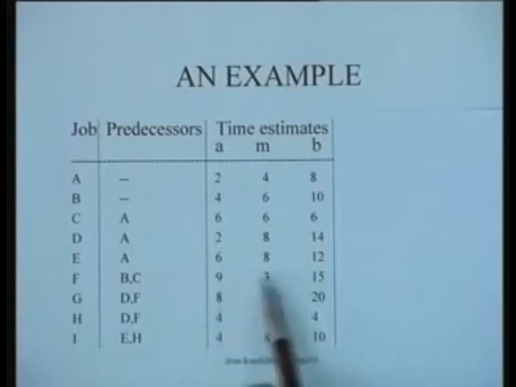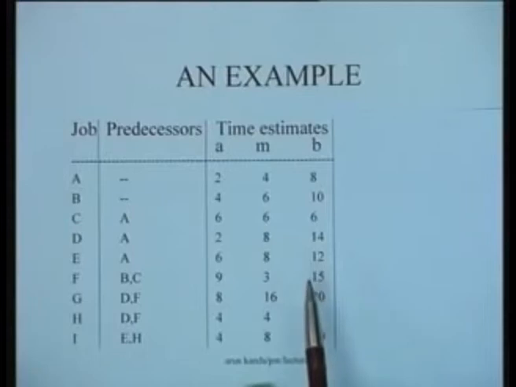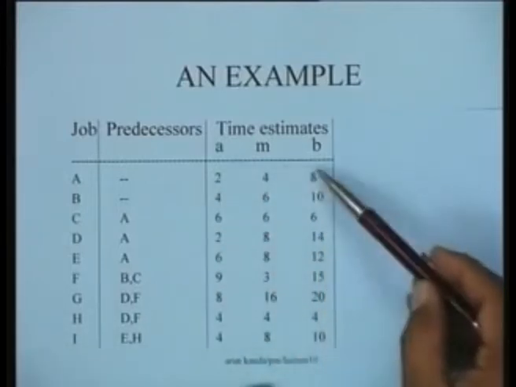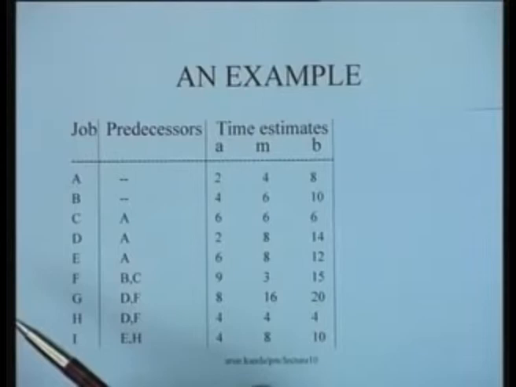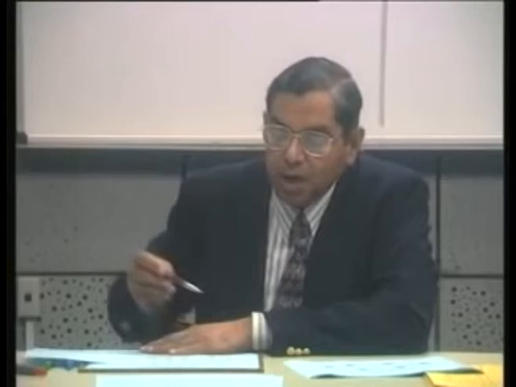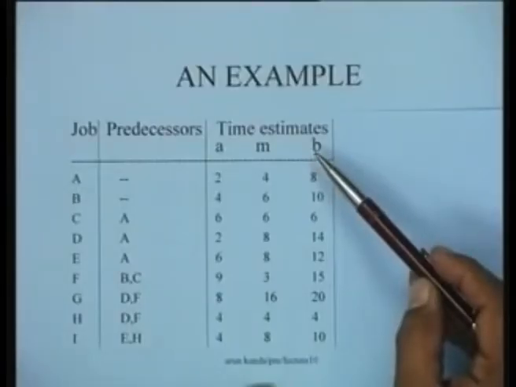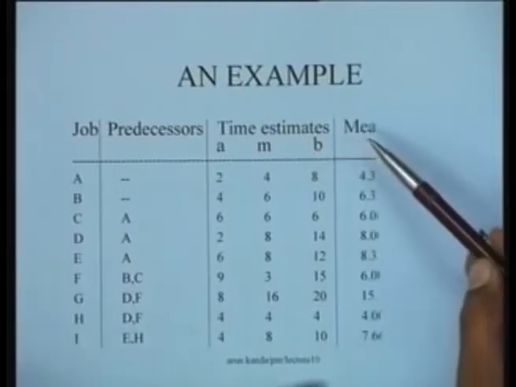And there are certain activities which have greater variance depending upon the nature of the activity and the kinds of factors which affect the activity. So this is the starting point of obtaining the time estimates. Once these time estimates are obtained, we compute the mean and variance time for each activity by utilizing the 2 formulas that I had enunciated a short while ago. The mean is computed by simply (A plus 4M plus B) by 6.